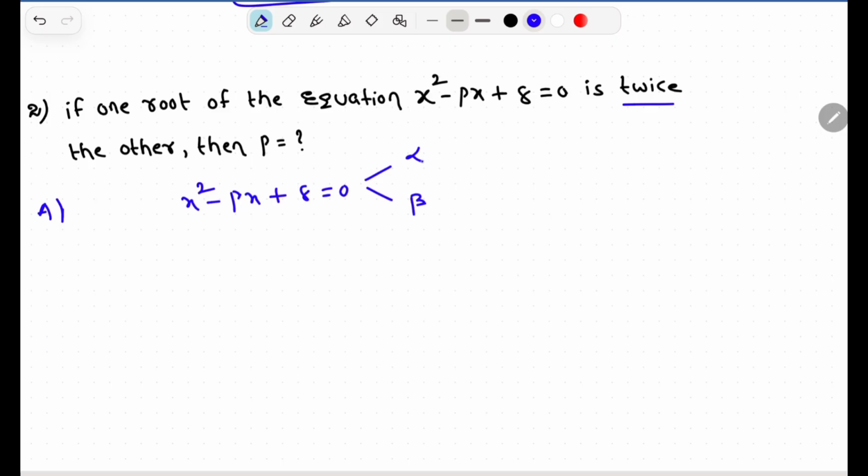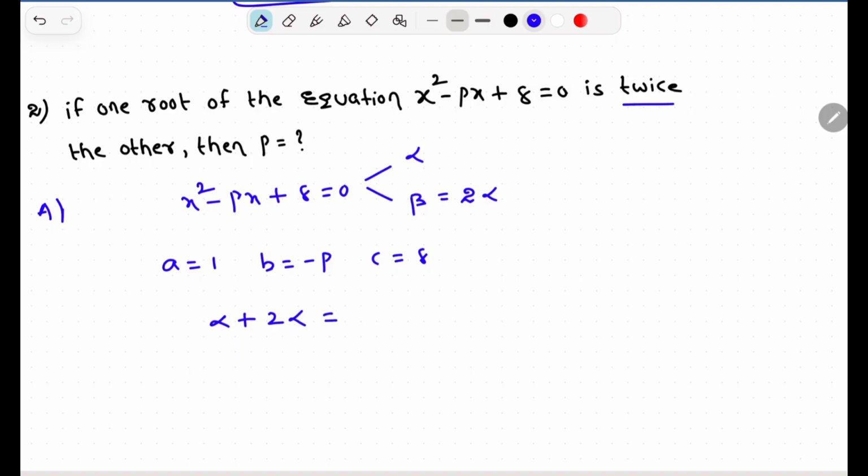So if I take alpha as the first root, beta will become twice, therefore 2 alpha. So for the sum of the roots, first we write a value 1, b value minus p and c value 8. Now the sum of the roots is alpha plus 2 alpha.